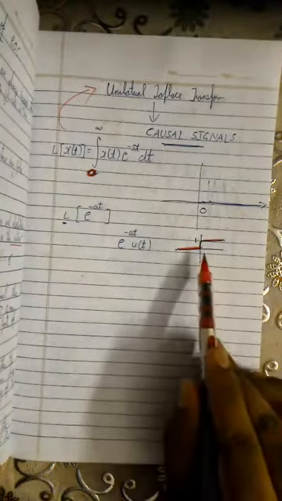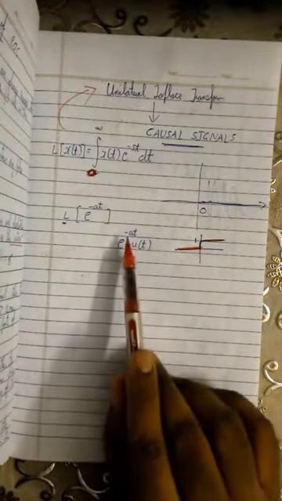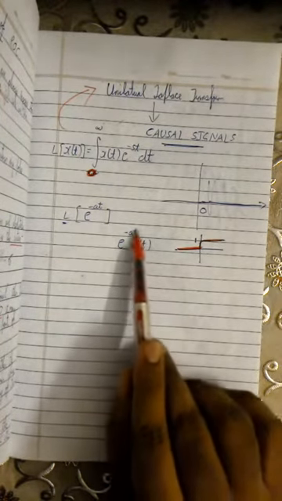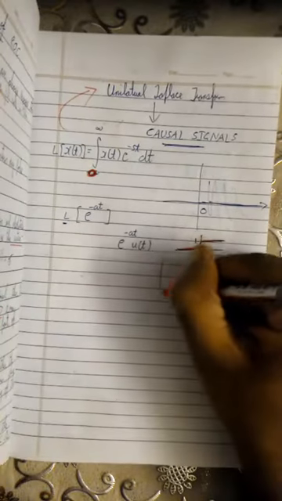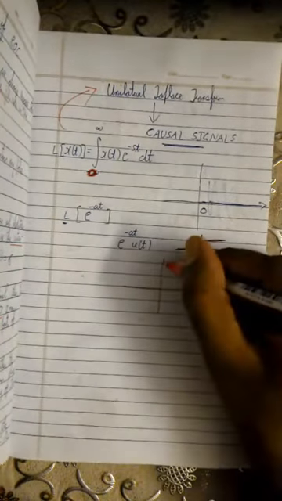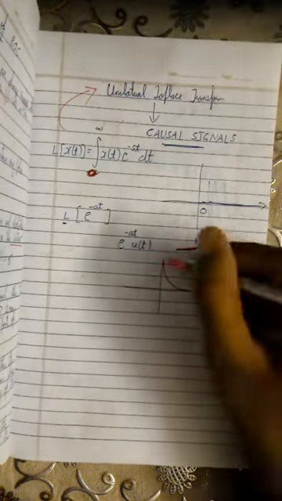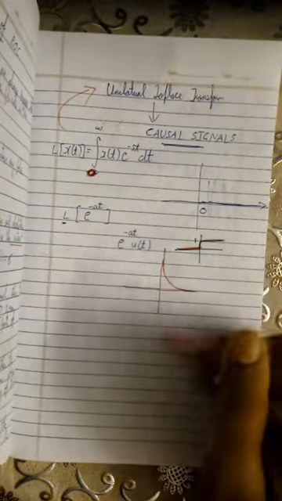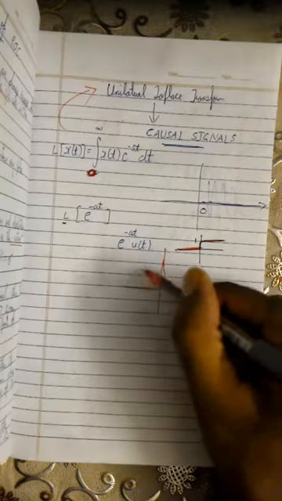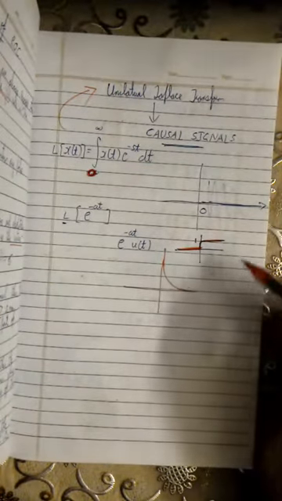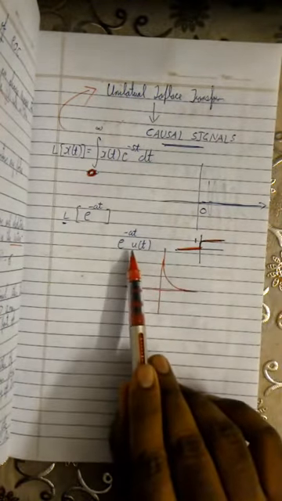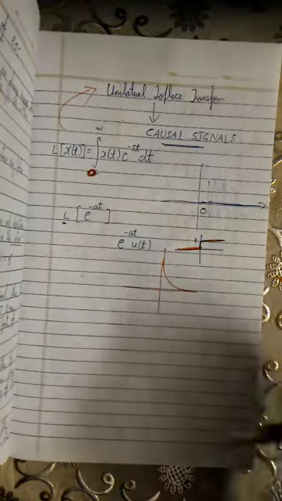So when I multiply e raised to minus at with u of t, this turns into a right-sided graph. This graph becomes like this. See, there is no signal over here, and the signal is entirely on the right side. So this is called a causal signal. And if you remember, we have already done this problem.